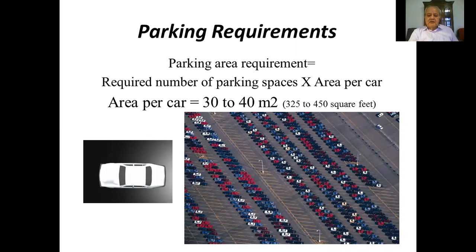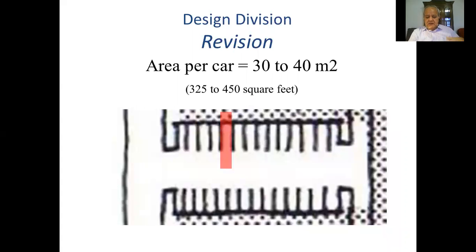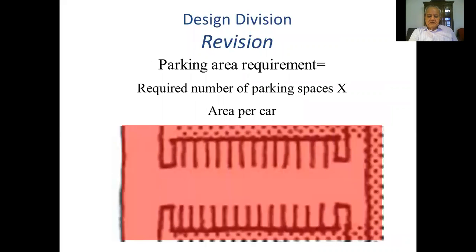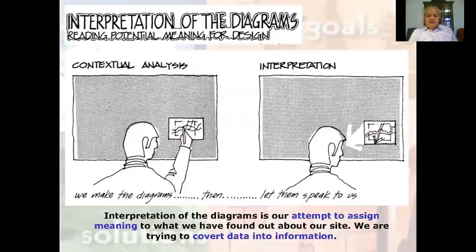So the car, depending on the size, takes about 30 to 40 meters in order to provide areas for the driveways and the landscape and access and entrance and exits and so forth. So when we talk about parking, we talk about the whole thing, not just the place or the area of the car itself.